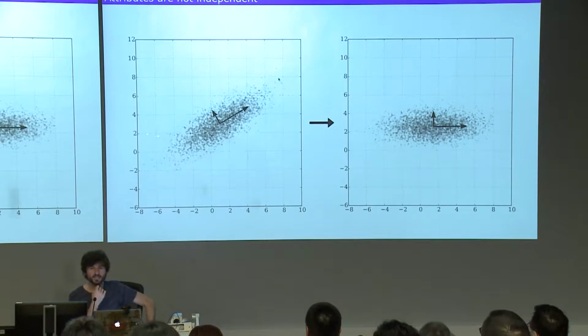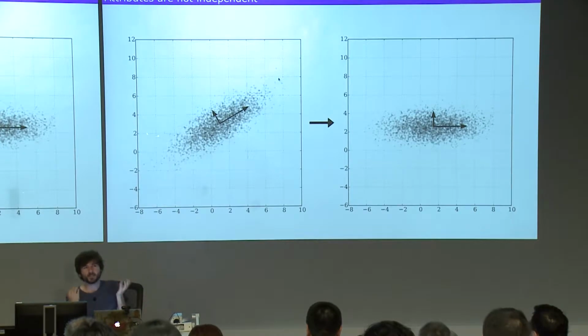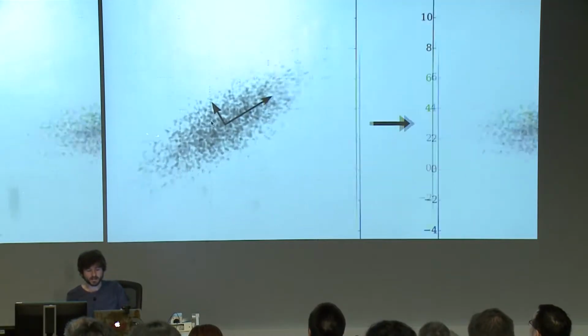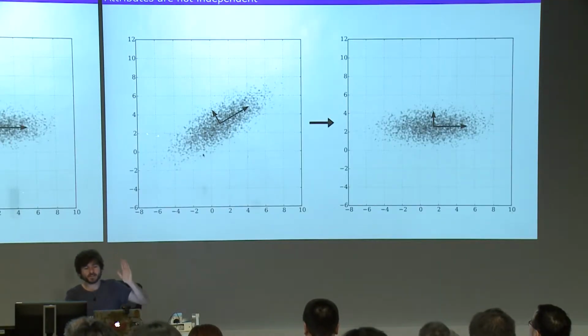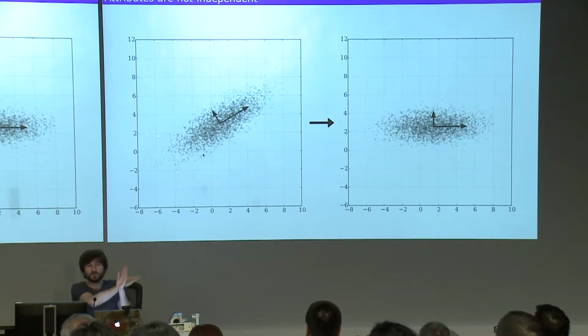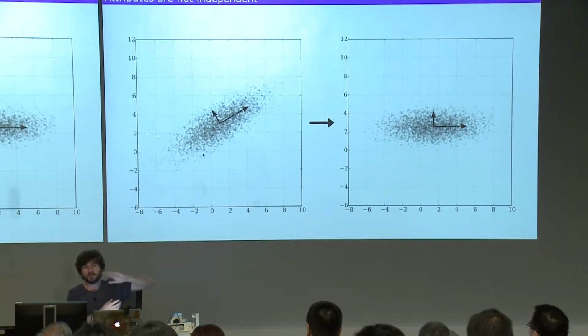So PCA says maybe we can take this data set of houses and find a new representation of it, which has just one number instead of two numbers. Maybe some sort of combined statistic that captures both the size and the price of the house in one dimension. And the way that you can do that is by finding a set of vectors in this data set which are orthogonal to each other, perpendicular, that we can use to rotate the data into a new set of axes, and then basically get rid of one of the axes, the short axis.